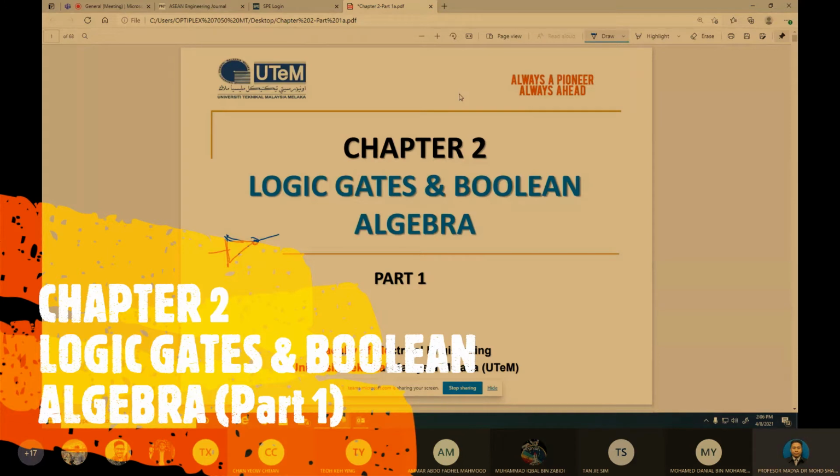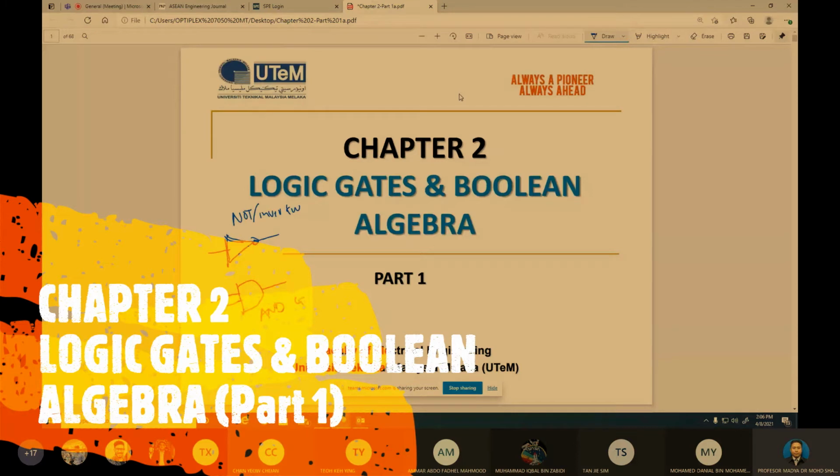This one we call the NOT gate, or sometimes the inverter. This is a basic logic gate. Then we have another one here, which we call the AND gate. Just a refresher, maybe you studied this in physics or your mathematics, the basic logic gates.